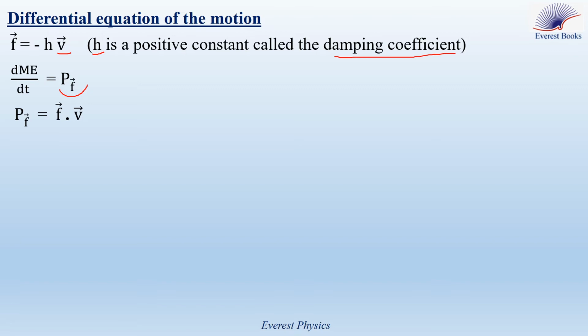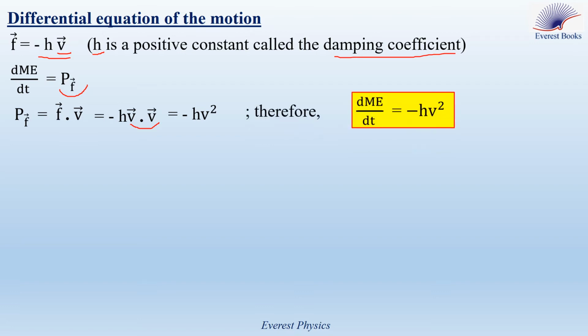Replacing F by minus hv, this is going to be minus hv scalar v. But v scalar v is equal to v squared, so P, the power of the friction, is equal to minus hv squared. Therefore, the time derivative of the mechanical energy is equal to minus hv squared.